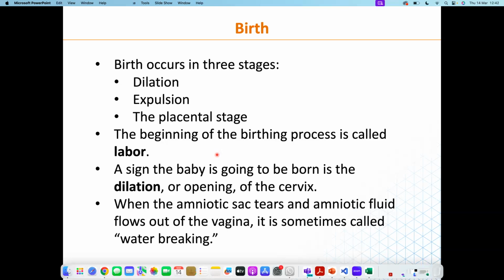The beginning of childbirth, the birthing process, is called labor. When you say a woman is in the labor room, or she's laboring, it means she's having contractions. Contractions of the uterus make the environment uncomfortable for the fetus, so the baby wants to come out. A sign the baby is going to be born is the dilation, or opening, of the cervix.